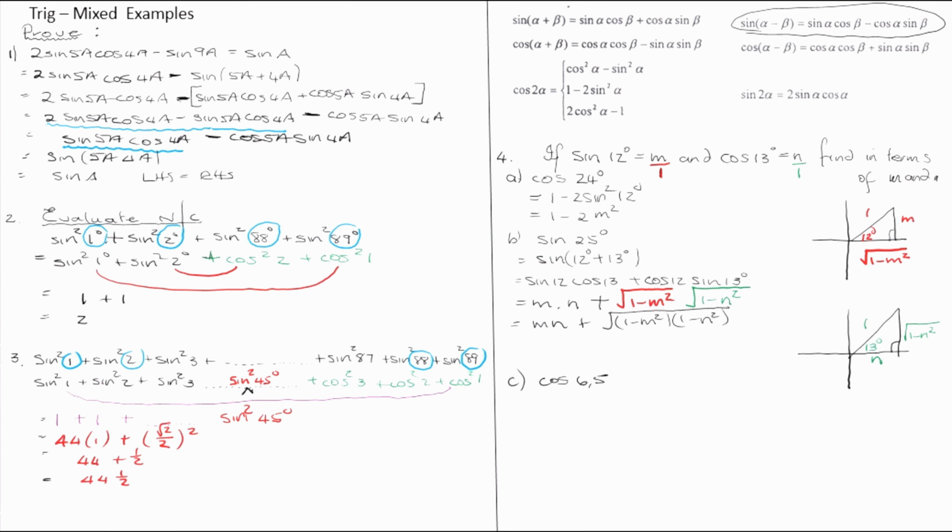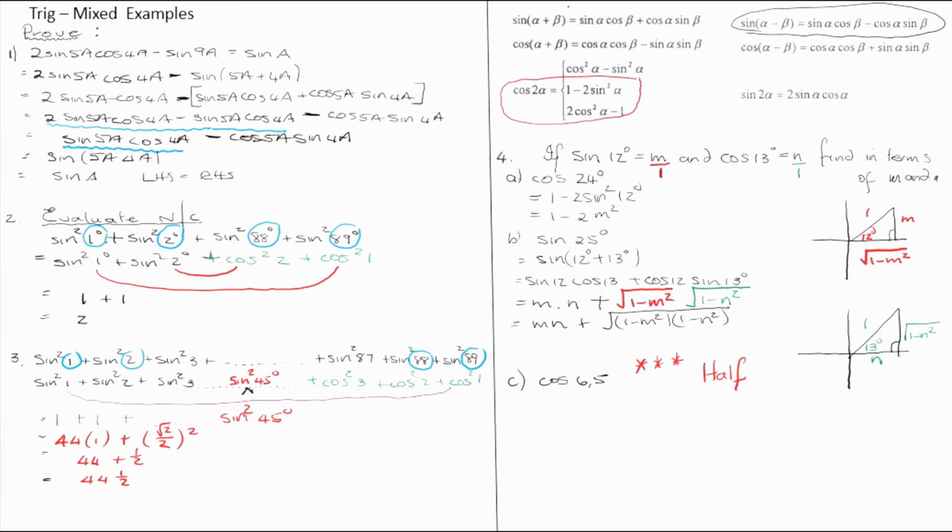Right, and the last one, let's give it a triple star, because most pupils don't know how to do it, or if they do know, they forget very quickly. Right, cos of 6.5, I'm going to do the whole thing in red. Cos of 6.5 is a half angle, and a half angle has to use one of these two here.